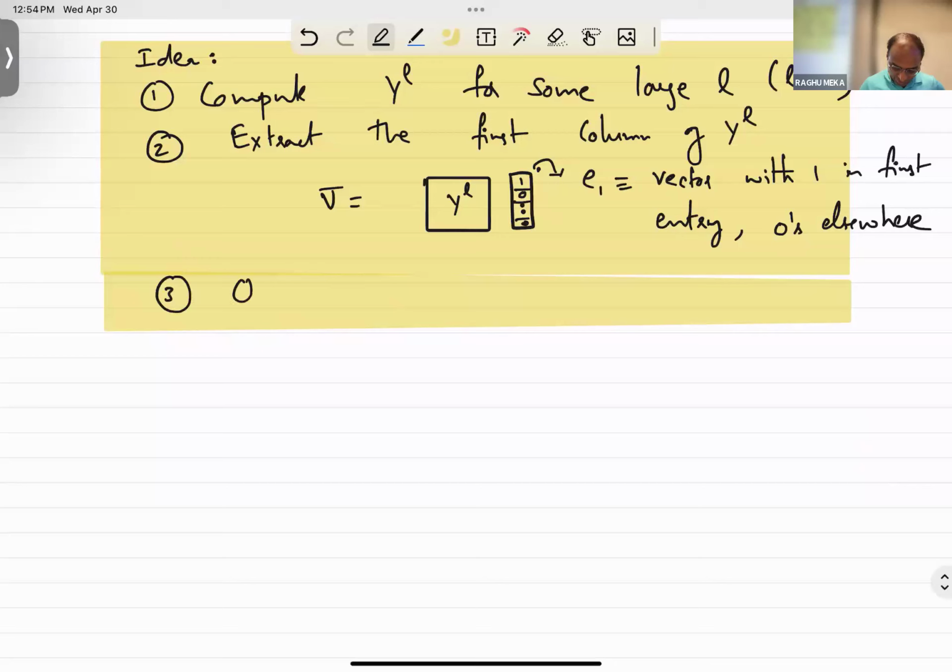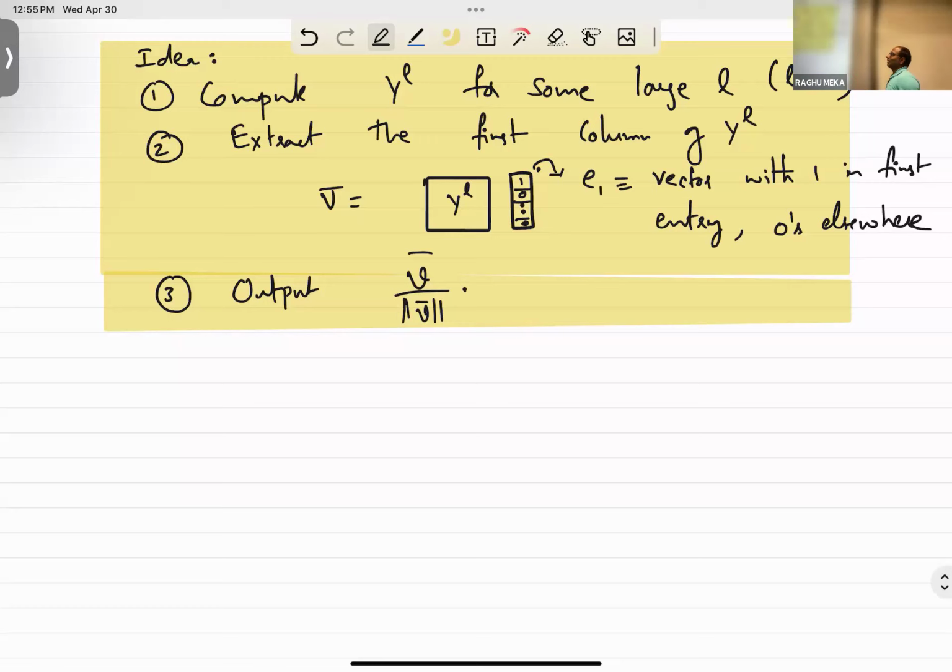Then you output V bar divided by the length of V. At least in the limit, as L becomes larger and larger, this converges to the first principal component, as long as there is a gap between sigma 1 and sigma 2. Makes sense?